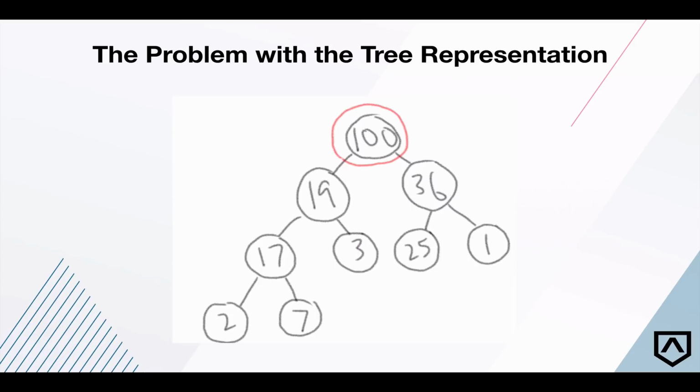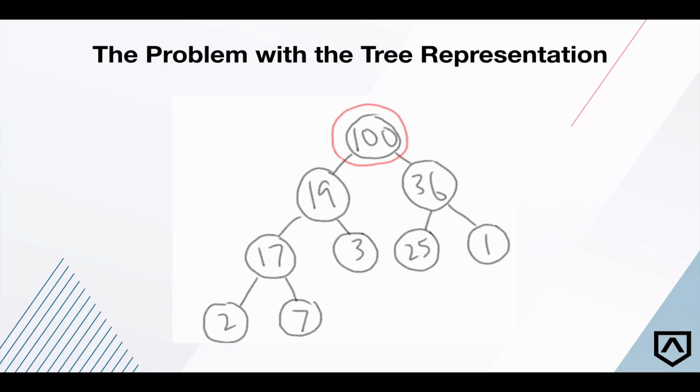Just like with a binary search tree, if we wanted to go to any node other than the root, we had to traverse the tree to get there. We didn't have direct access to any of the children nodes.